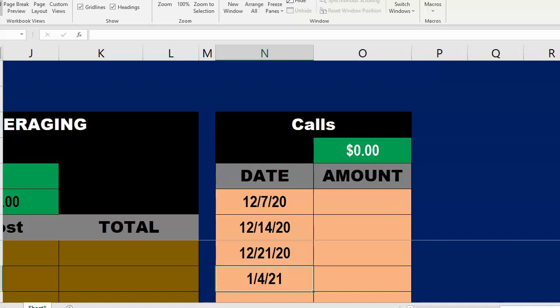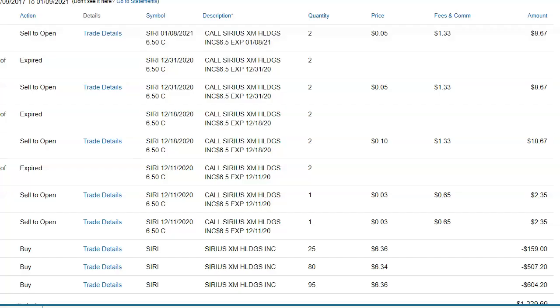And then January 4th. For those calls, this one got split, but basically for December 7th, we had 235 and 235, which is 470. We got 1867 for the 12/14 call, 867 for the 12/21 call, and 867 for the January 4th call.